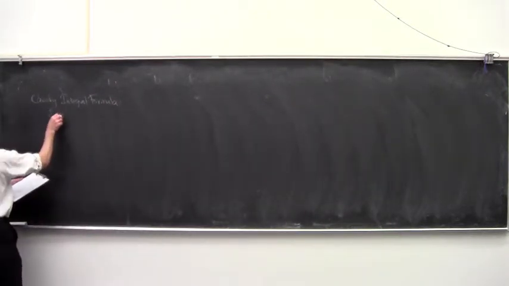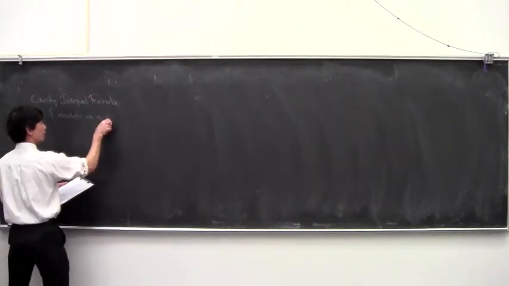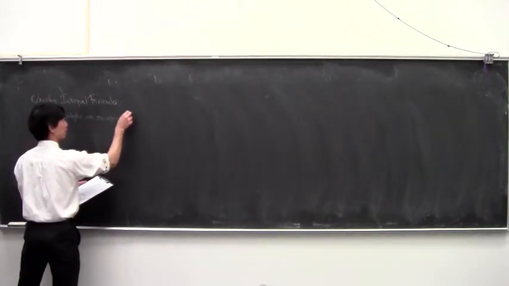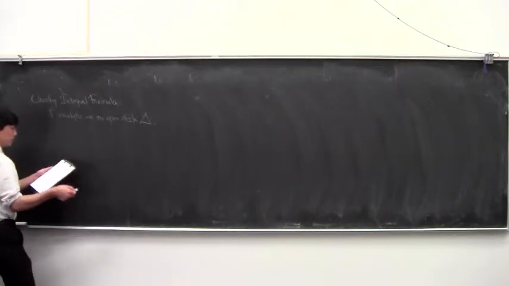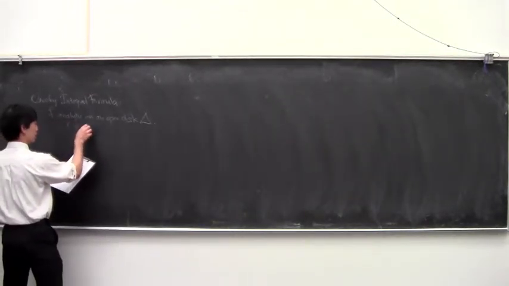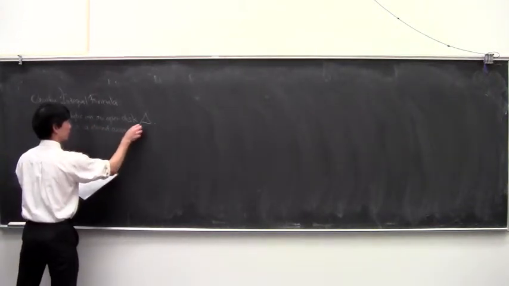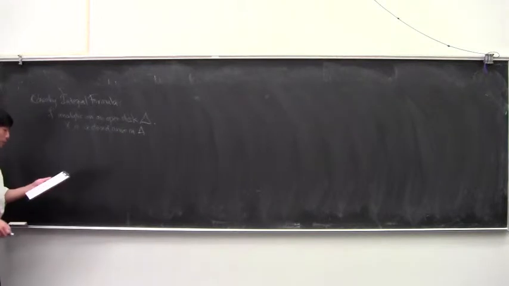We have f analytic on an open disk, delta, and gamma is a closed curve inside delta.